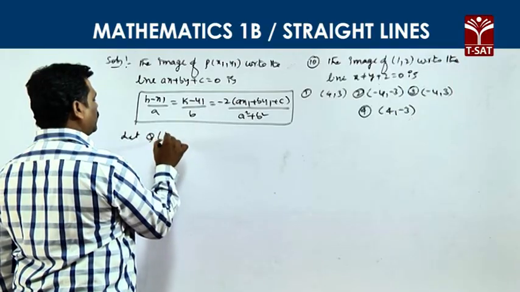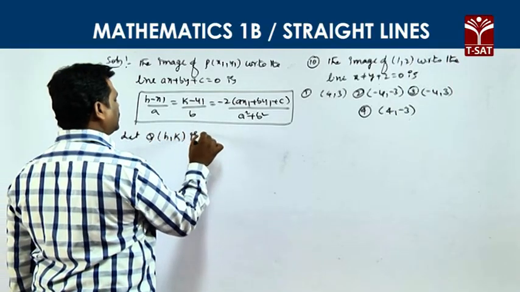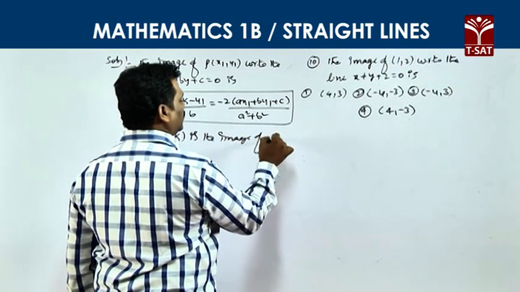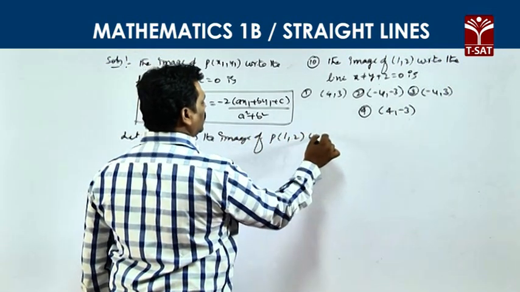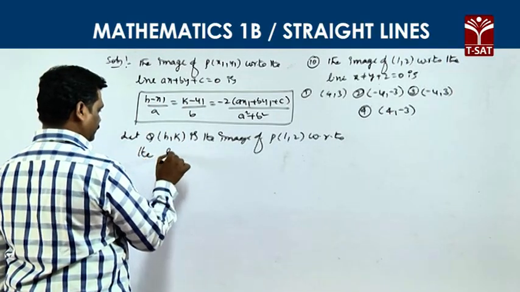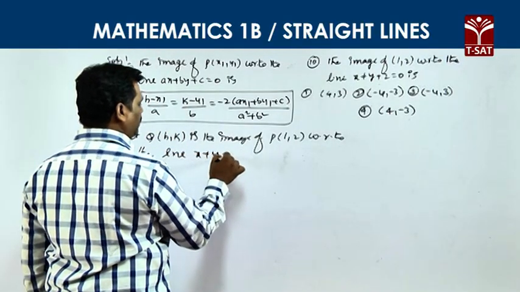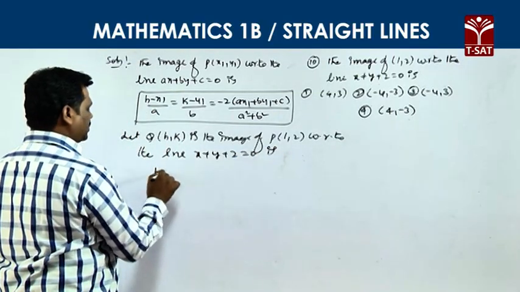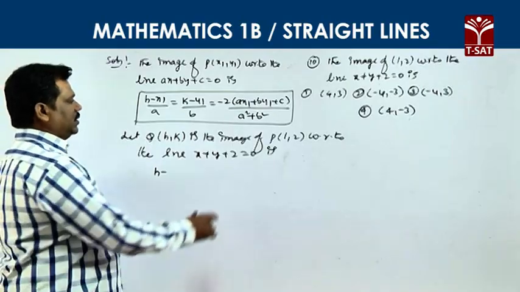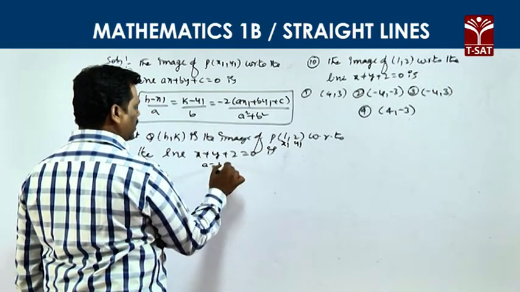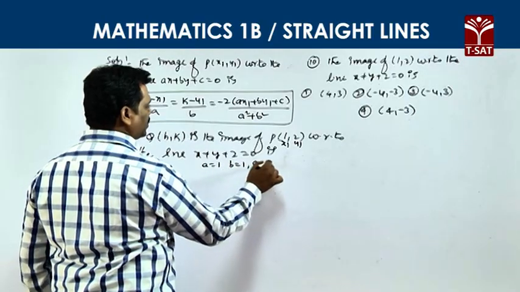Let Q(h, k) be the image of P(1, 2) with respect to the line x + y + 2 = 0. Here x1 = 1, y1 = 2, a = 1, b = 1, c = 2.